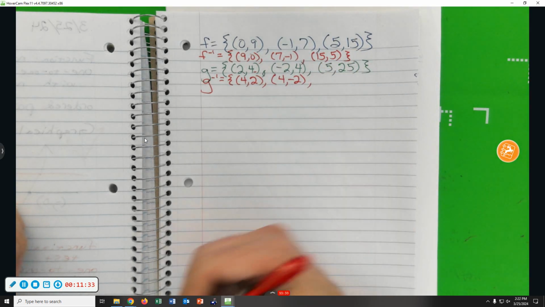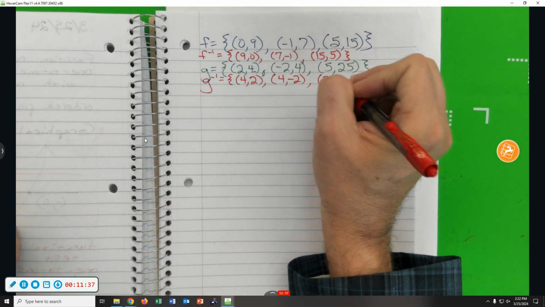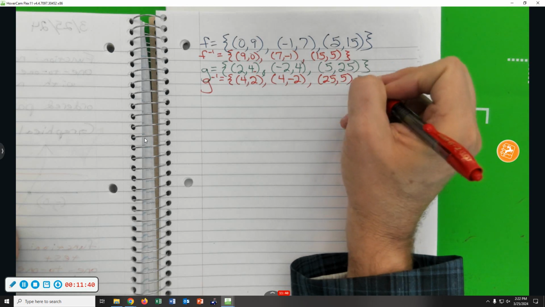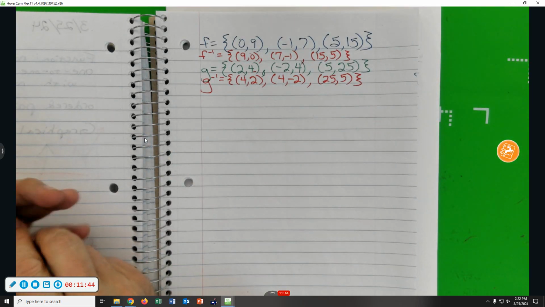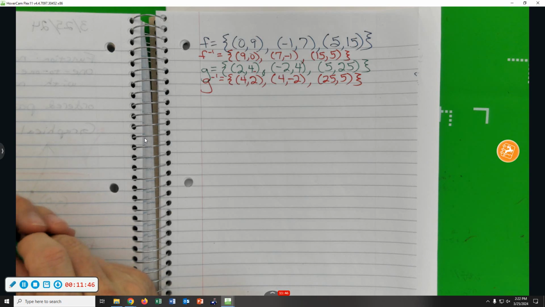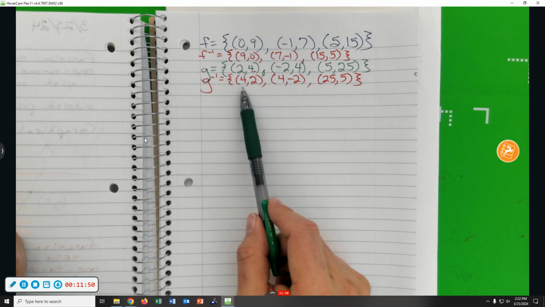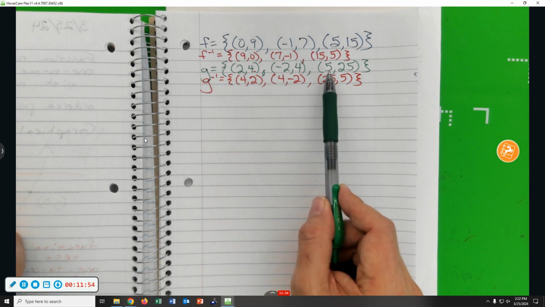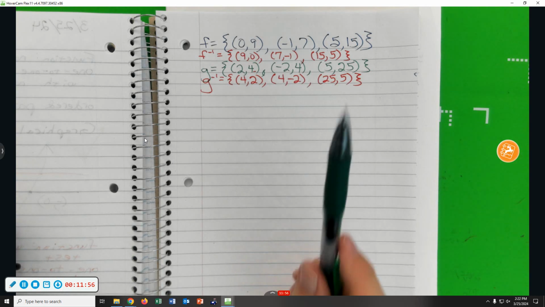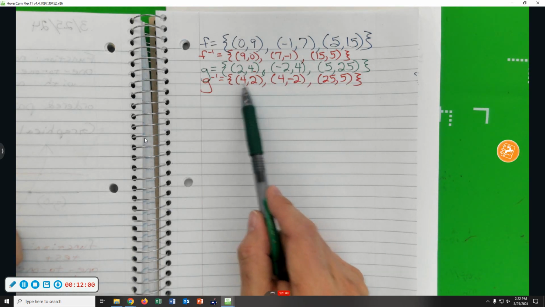And (5, 25) becomes (25, 5). So, hey, look at that. Is g inverse a function? It's no longer. g is a function. Notice there's no repeated x values, but when we form the inverse, we now have repeated x values, those 4s.